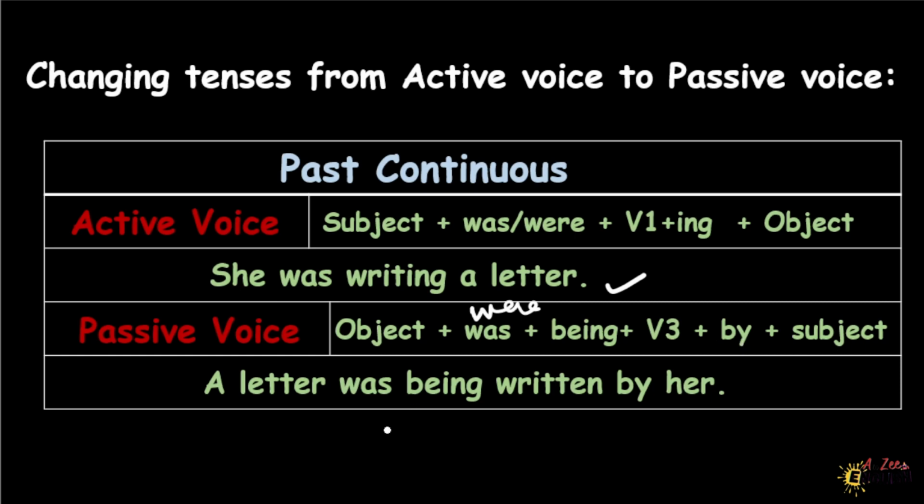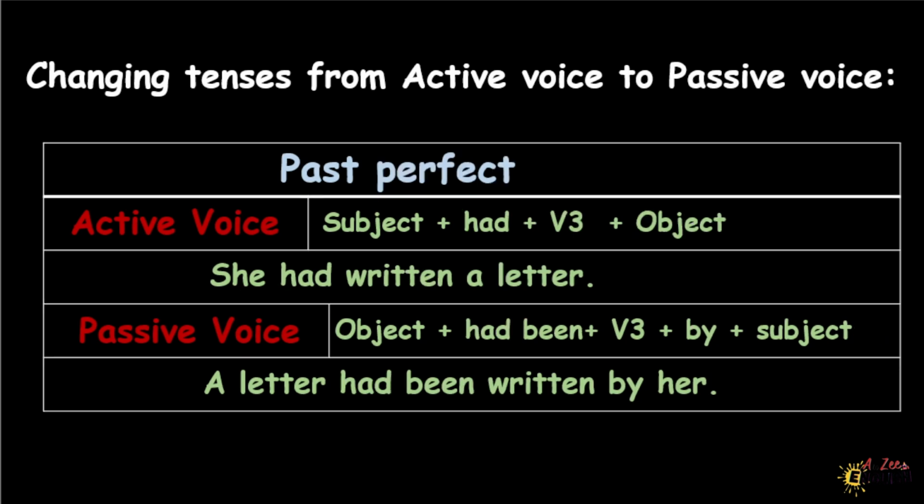For example, a letter was being written by her. Past perfect. The active voice is subject plus had plus V3 plus object. She had written a letter. So the sentence structure for passive voice: we start the sentence with object plus had been plus V3 plus by plus subject. A letter had been written by her.